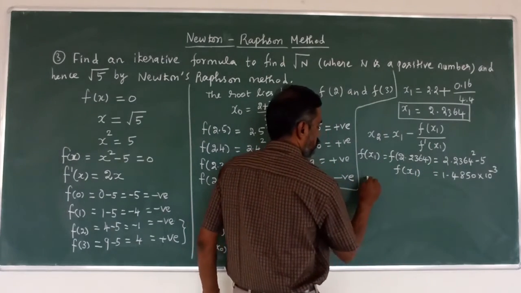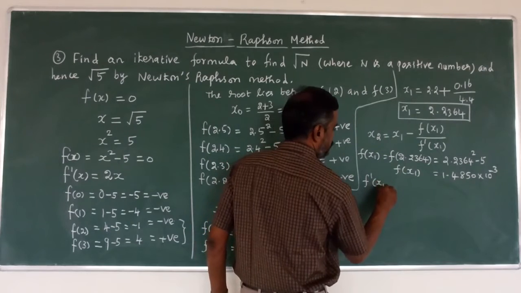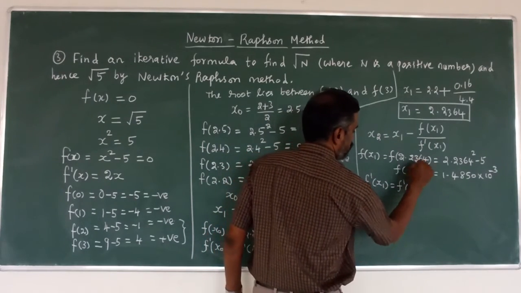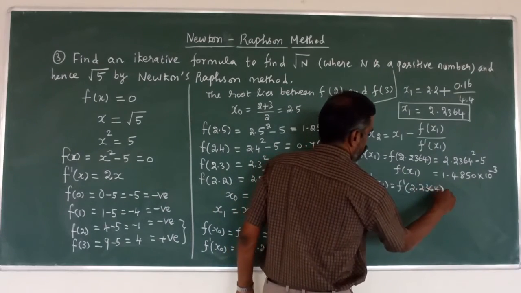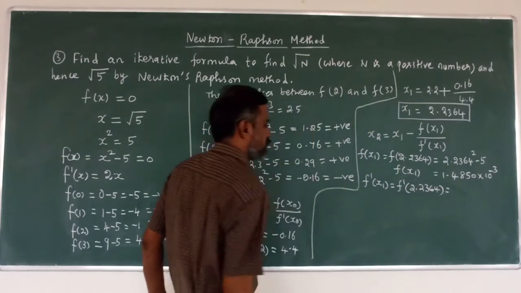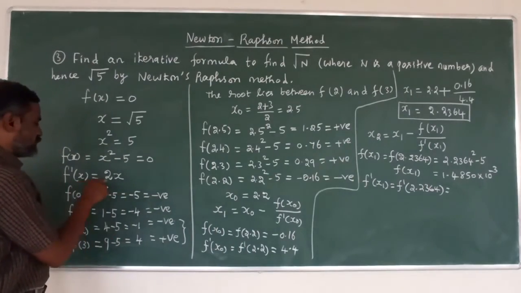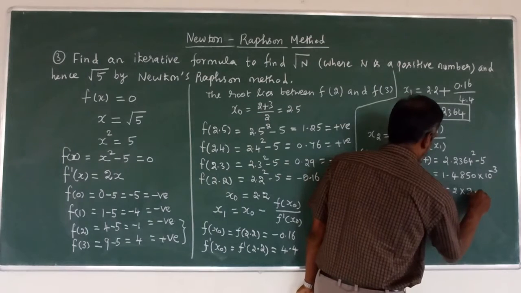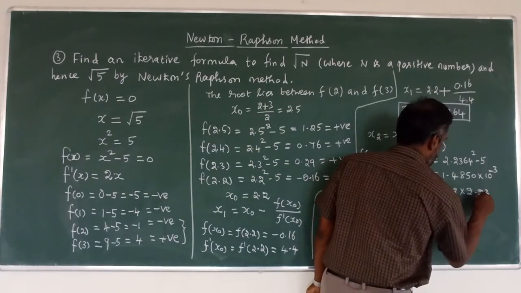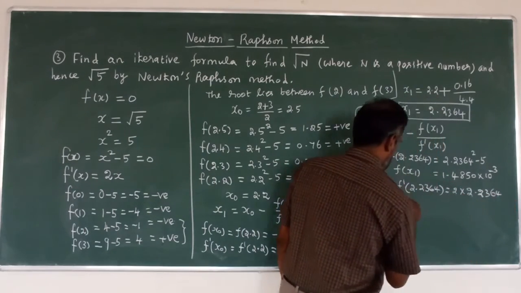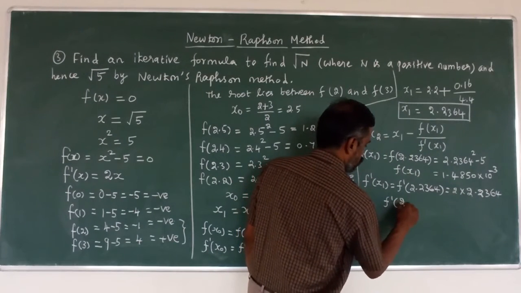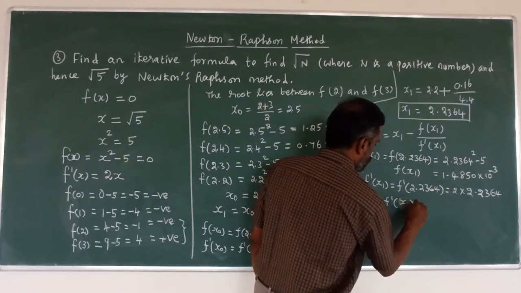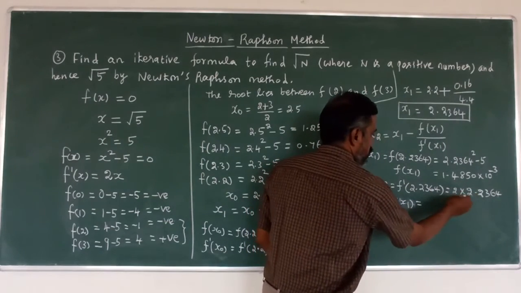Next to find out f dash of x1. F dash x1 value: substitute 2.2364 into 2x, that is 2 times 2.2364. This is the f dash x1 result.